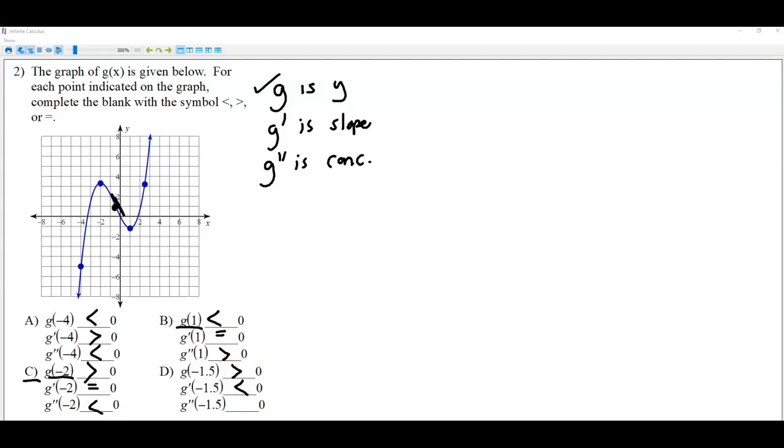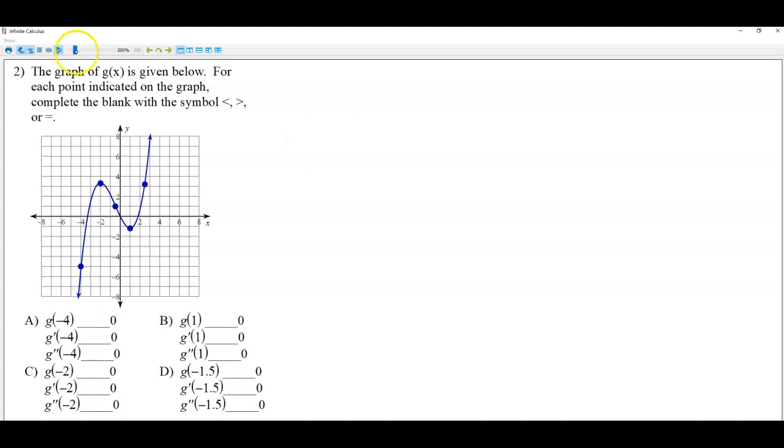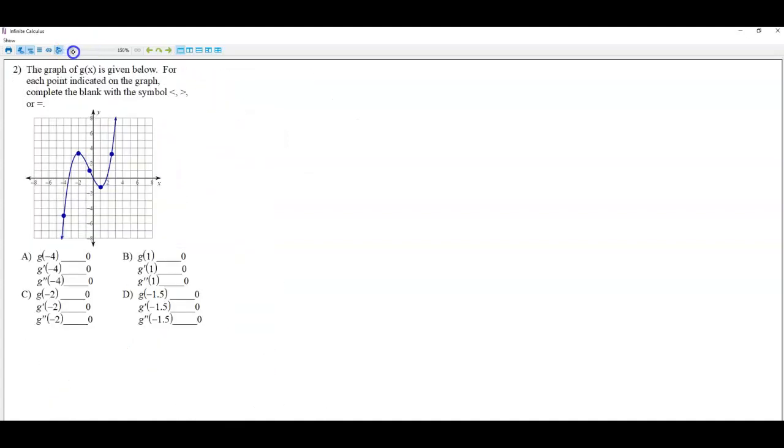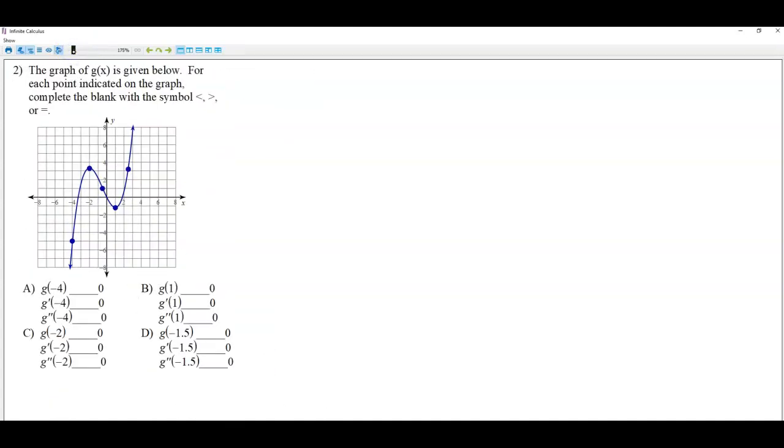Now, g double prime is 0. And the reason for that is because at that point I would say our function is probably going from concave down to concave up. And so at that point, that would be like a point of inflection, so the second derivative would be 0. Let's go ahead and take a look at, oh, that's it. I thought I had another one. All right. So hopefully that was helpful.